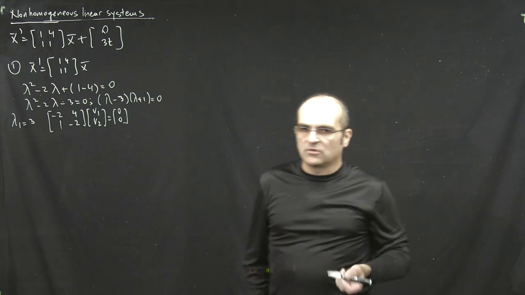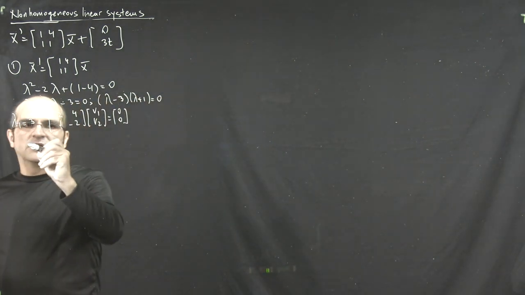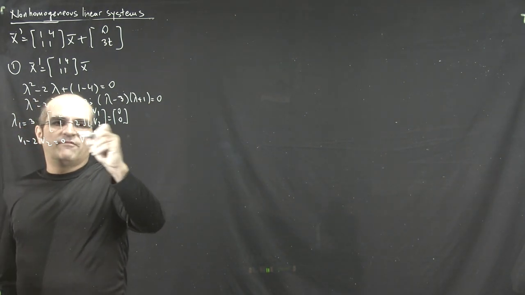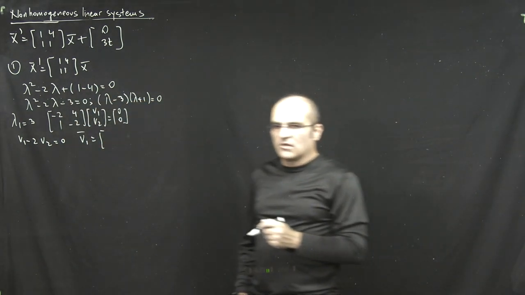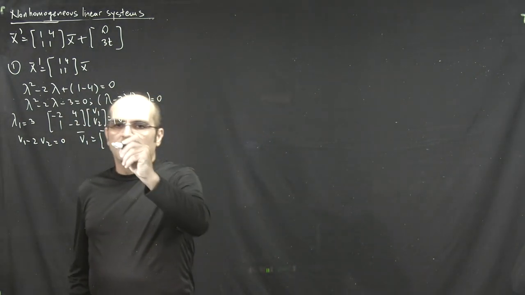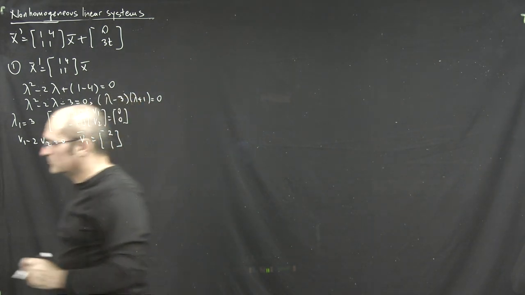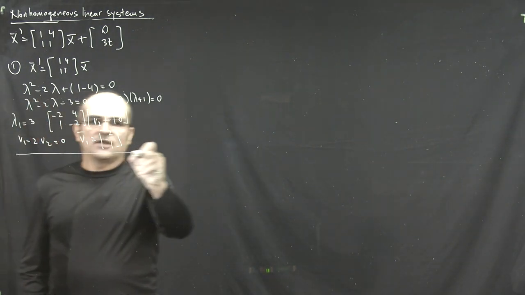That's what should happen, the rows are dependent when you find the eigenvector. I can pick the second equation, v1 minus 2 v2 equals 0. And the easiest choice I can think of for the eigenvector is to plug in 1 for v2, and then v1 equals 2. So that's the first pair of eigenvalue and eigenvector.